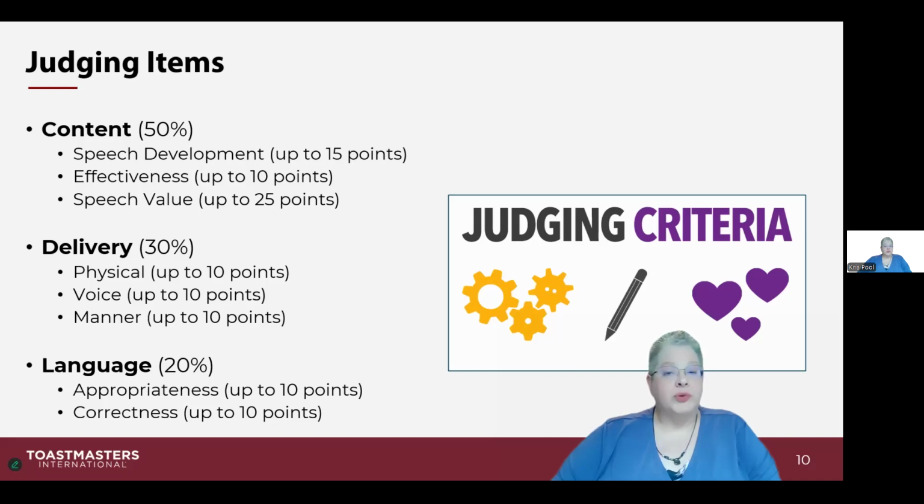Delivery is 30% of the total score and is broken down into the physical, voice, and manner. And language makes up the remaining 20% of the score, which is broken into appropriateness and correctness. On the back side of the ballot is a full description of each of these criteria, and let's review those now.